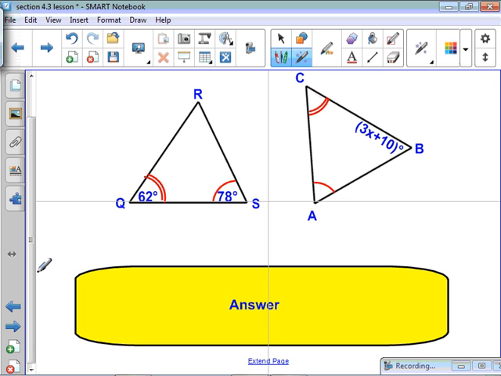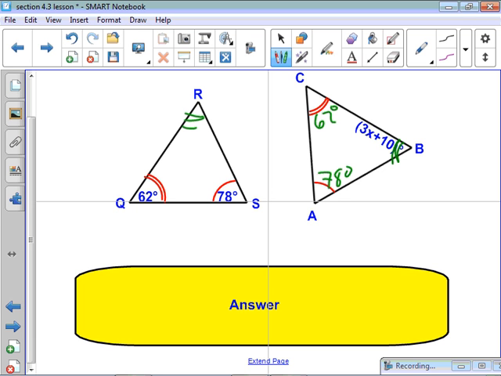So we've got this congruent to that. First thing I'm going to do, I'm going to label what this one is, 78 degrees. For the same reason, I know that this one is 62 degrees. And I know that the third angles must be congruent.